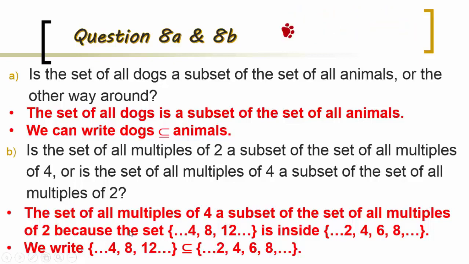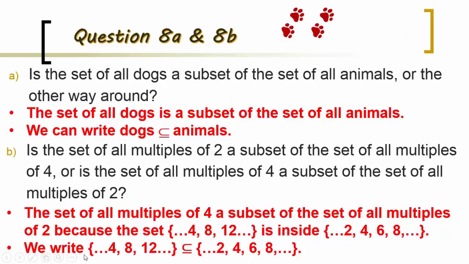It can go smaller, and smaller, and smaller, 4, 8, 12, and bigger, and bigger, and bigger. And we see this one is 2, 4, 6, 8. This gets smaller and smaller, bigger and bigger. And indeed, we would have 4 in here. 8 would be in here. So it turns out that the multiples of 4 is indeed a subset of the multiples of 2.